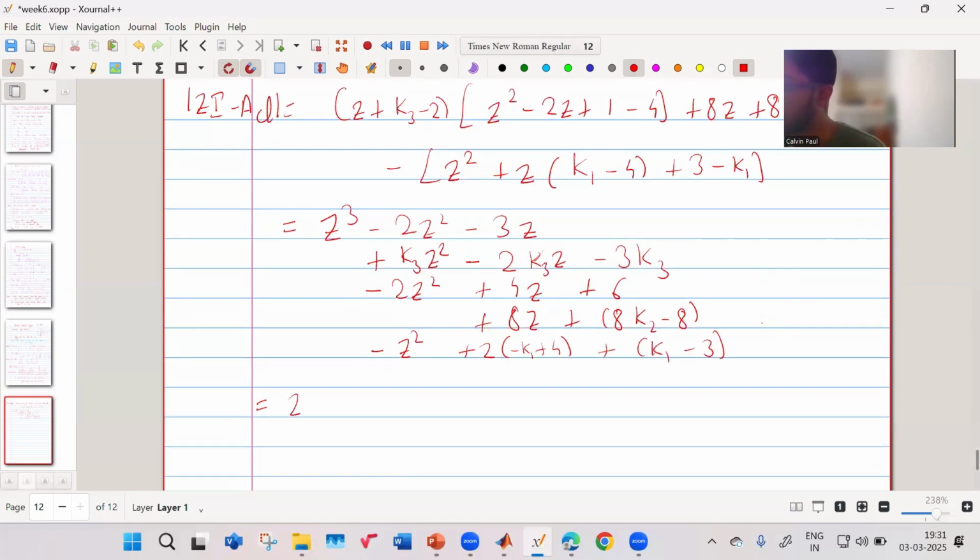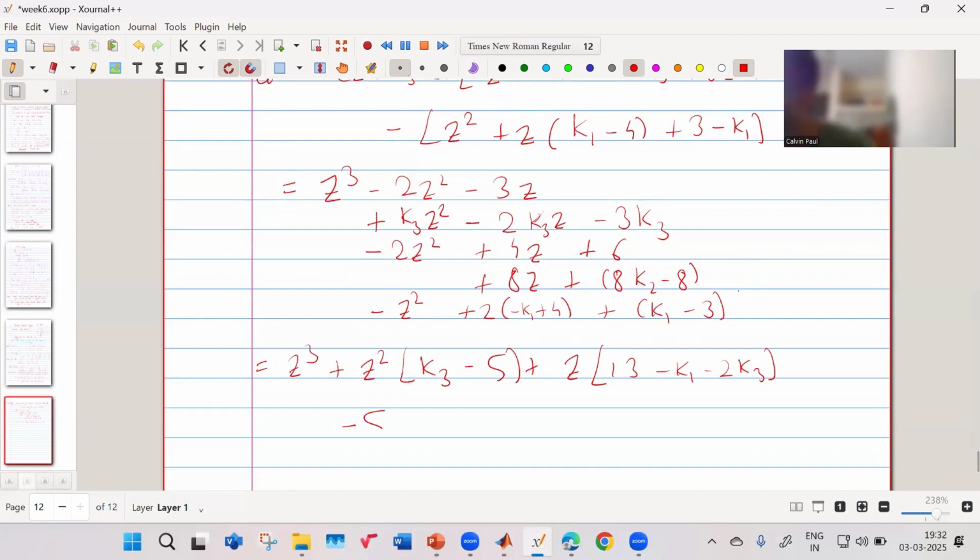So when we add, this becomes z cube plus z square into (K3 minus 5) plus z into (4 plus 8 is 12, plus 4 is 16, minus 3 is 13, minus K1 minus 2K3). Then plus 6 minus 8 minus 3 is minus 5, so minus 5 minus 3K3 plus 8K2 plus K1.